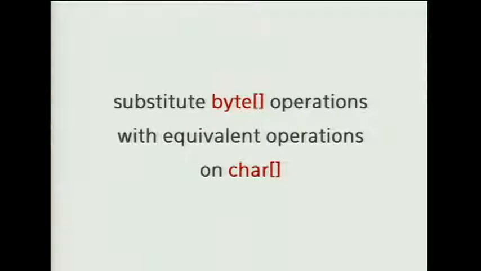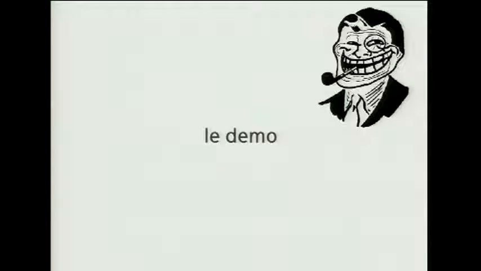So the rest was easy. I would simply take a character array, process 2 bytes at a time, and write the result into 1 character. Because a character in Java is 16 bits wide, I can simply process 2 bytes at a time and simulate operations on bytes. And yeah, let's see if this worked.